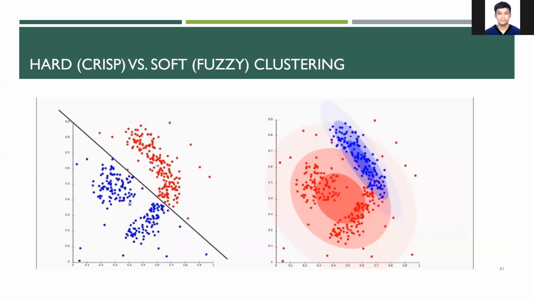But in fuzzy clustering, one data point has a membership value to all clusters. For example, this data point can belong to the blue class or the red class, but we have a value about how certain it is that this data point belongs to the red class and how certain it is that it belongs to the blue class.